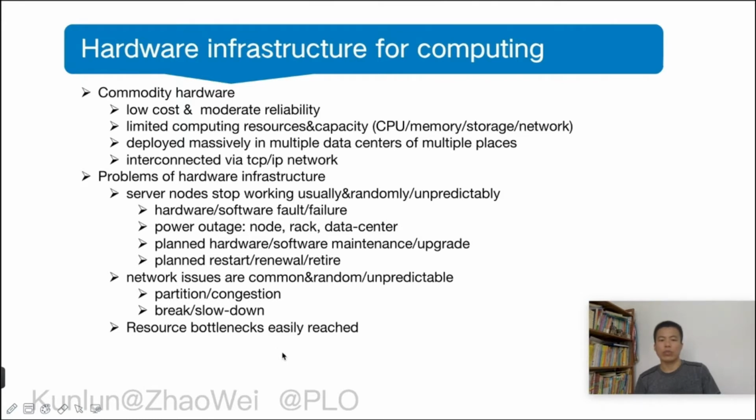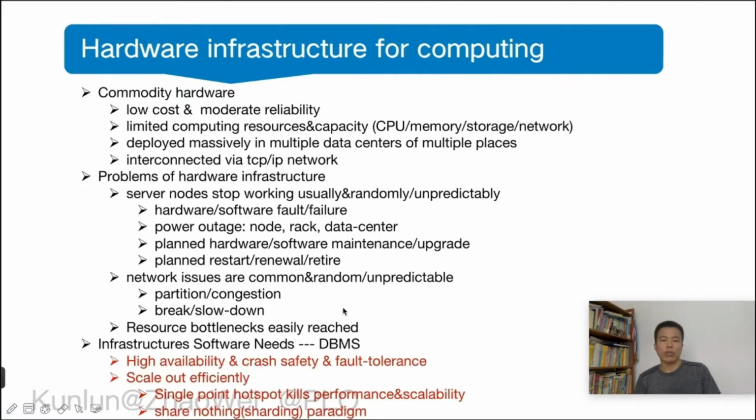And network issues can also produce network partition or congestion issues. And hardware resource bottlenecks can be easily reached. All these issues mean some needs for infrastructure software, mainly DBMS. So DBMS should be highly available, crash-safe, and fault-tolerant. And they should scale out effectively and avoid any kind of single-point hotspot or single point of failure.